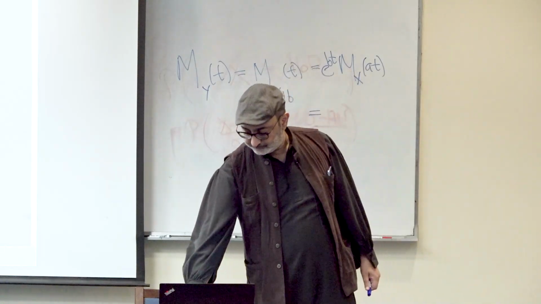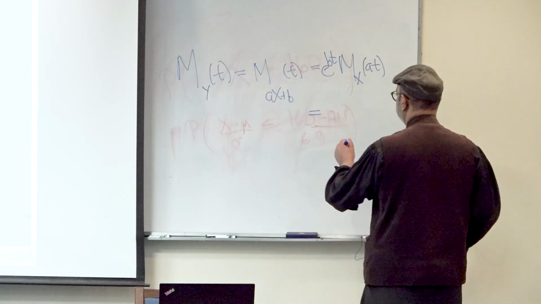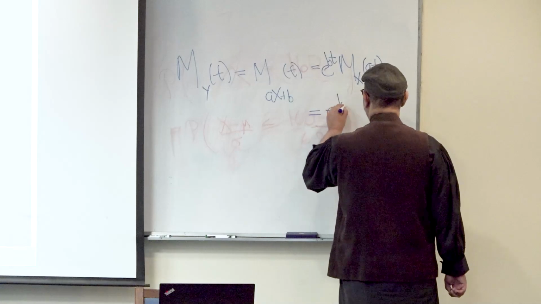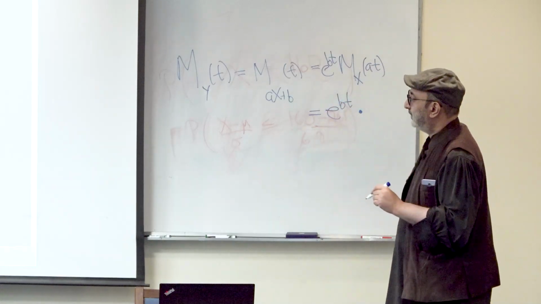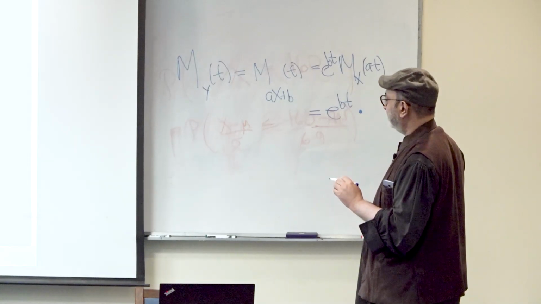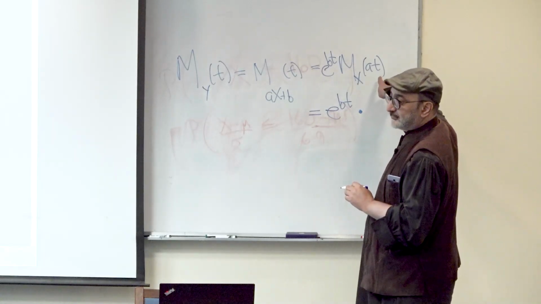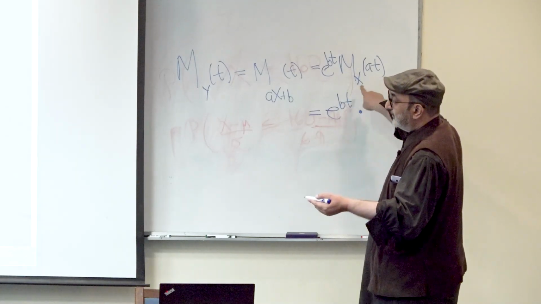Now, what's the MGF for x? So you have e to the bt times, what's the MGF for x at t? Well, I want the MGF for x with t replaced by at, right?